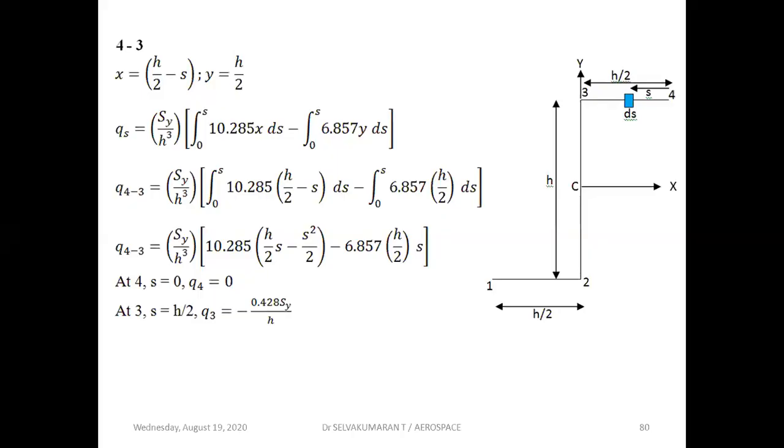Even when the same section is subjected to bending, Mx also, you would have felt the same, plus value and minus value, one side compression and another side tension. Here also plus value, minus value, but the magnitude remains the same at 2 and 3.